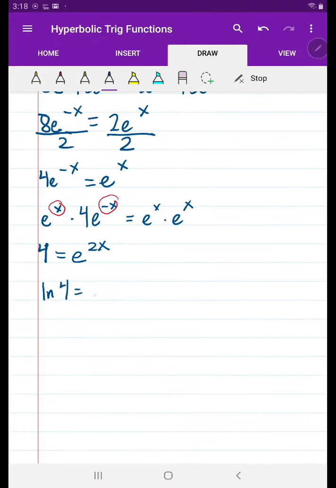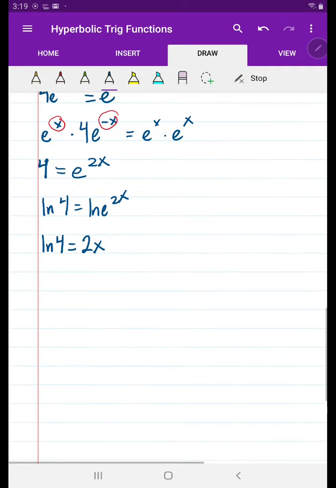Then I could take the natural log of both sides, so I'll have the natural log of 4 is the natural log of e to the 2x. If I simplify that, I'll get the natural log of 4 is 2x, right, because my natural log of e will clear away. Then I can just divide both sides by 2, and so x is the natural log of 4 over 2.